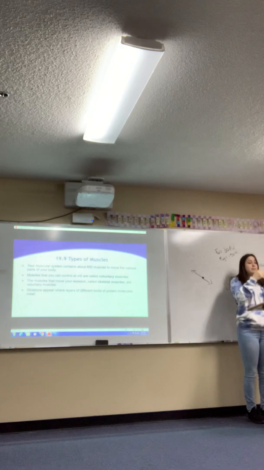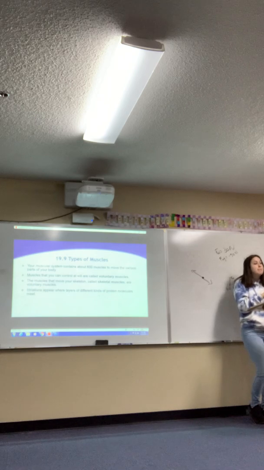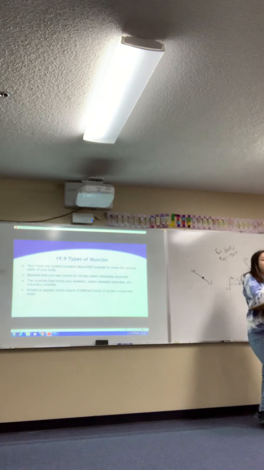And when the blood comes through, you don't want the pressure from the blood wearing down the tissue, right? Then you have your smooth muscle, and your smooth muscle is in your organs. Your organs have to have a certain kind of muscle because, like with your digestive tract, you have stuff sliding down it. Each tissue does a different job and has a different kind of thickness and looks a little different based on what its job is and what it has to do.